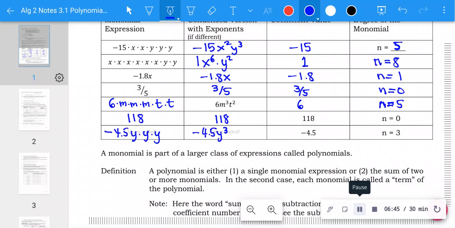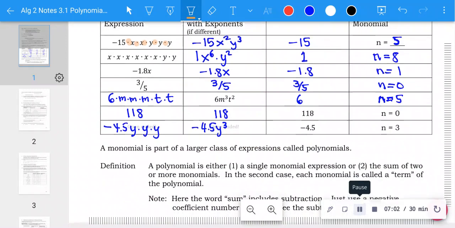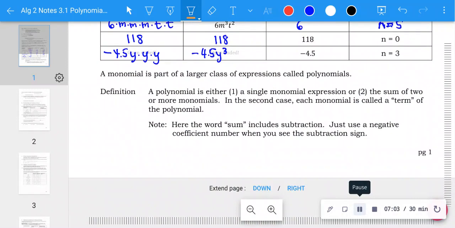Okay, again, what makes these monomials is that there's all these multiplication dots here. So you can think of a monomial as being a bunch of variables or numbers that are all simply multiplied together in a big pile. All right, a monomial can be put together with other monomials to make what's called a polynomial.